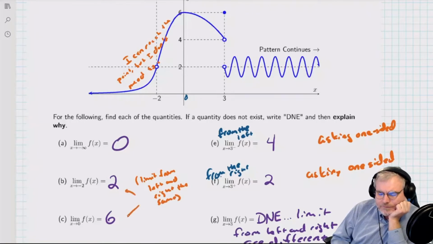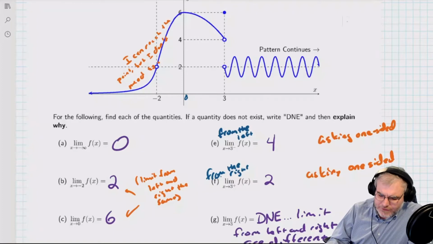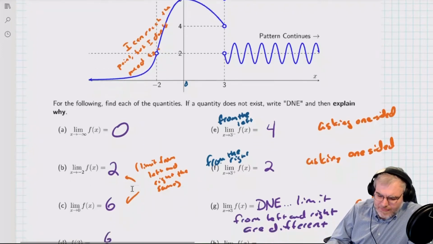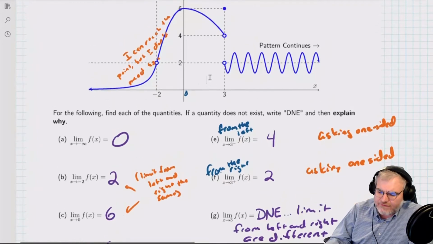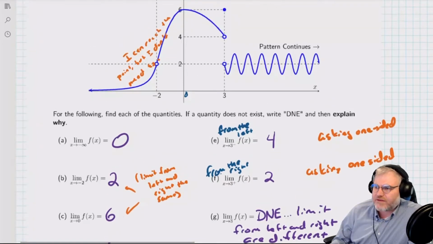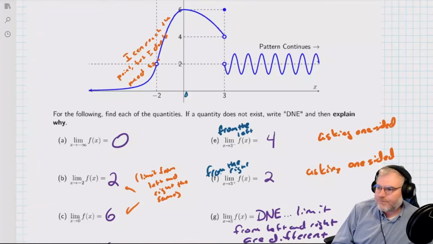Here I reached the point. Here I didn't. Oops, you can't see that because I'm using the wrong mouse. Here I reached the point. Here I didn't. And then f of 3 is just 6 because if I look at this graph, this nice little piecewise graph, it's just 6. So how do we feel there about C and D, 1 to 5?